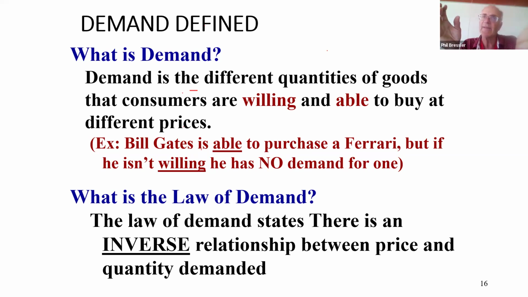Then if I said $1, some people might not, then $2, all right? So quantity demanded decreases as price goes up. And obviously it goes the other way. When price goes down, quantity demanded increases, all right?